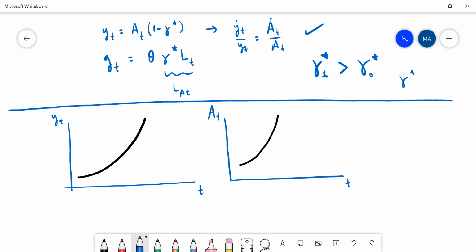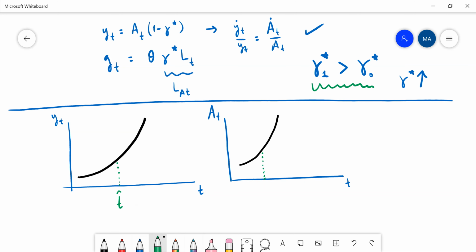Suppose that the government now, through the planning mechanism, through the development plan or something like this, allocates a larger fraction of workforce, gamma 1, to R&D. So suppose that change will happen at that T, okay?